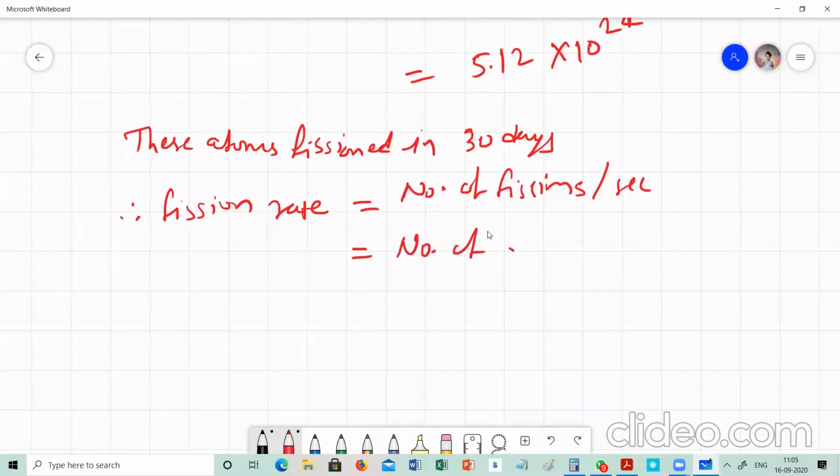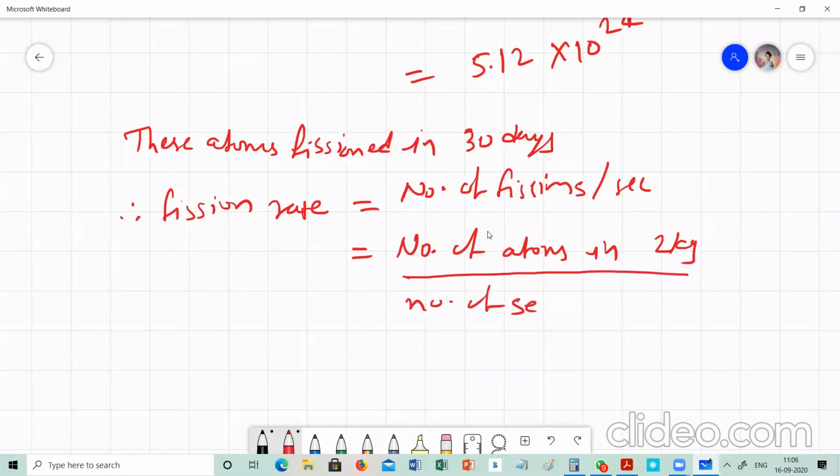Number of atoms in 2 kilogram divided by number of seconds in 30 days. Fission rate means per time, per second.